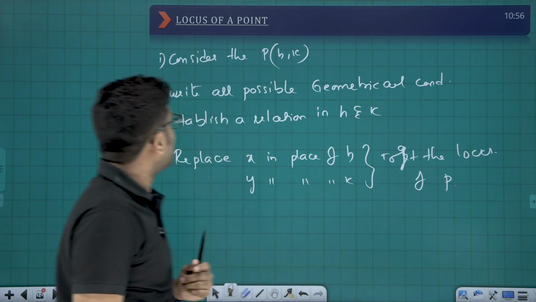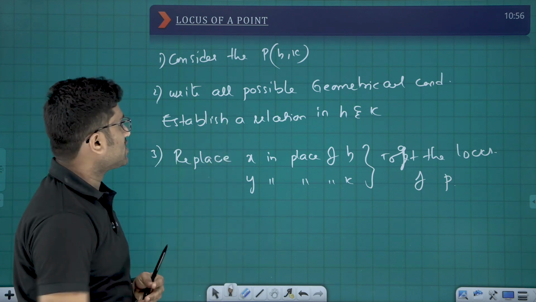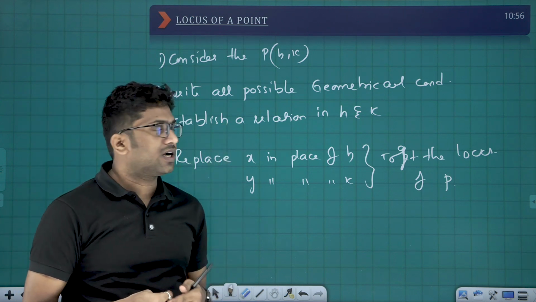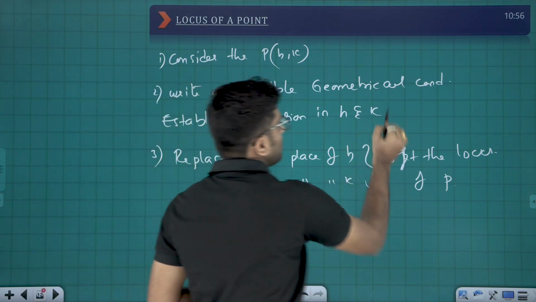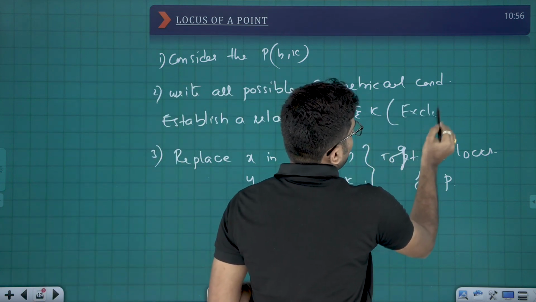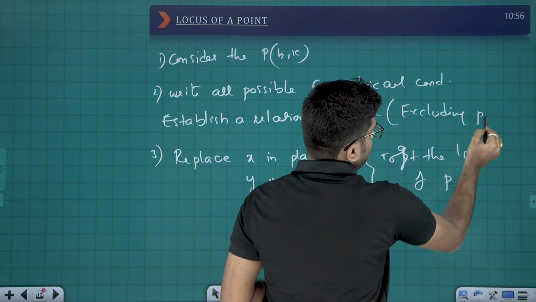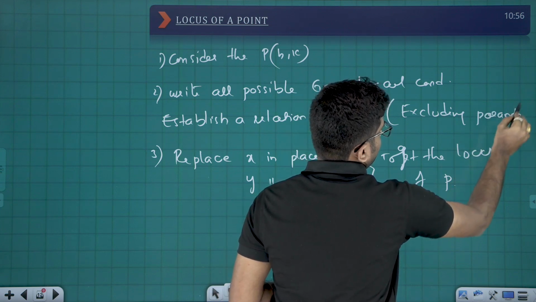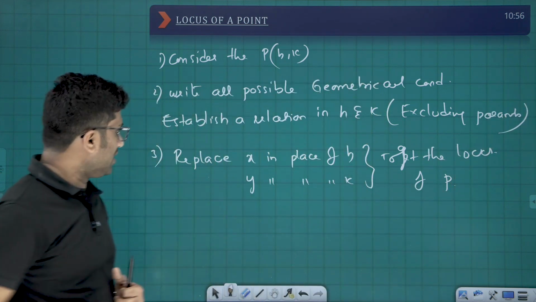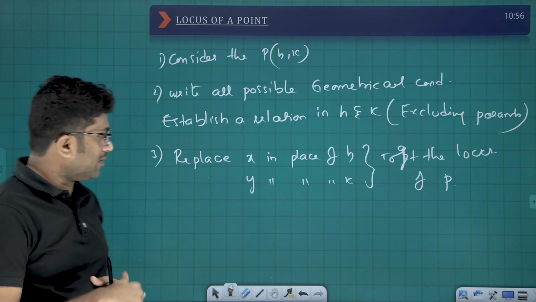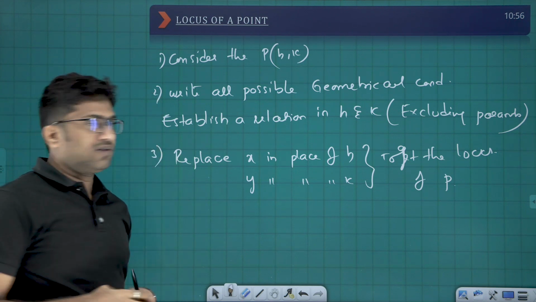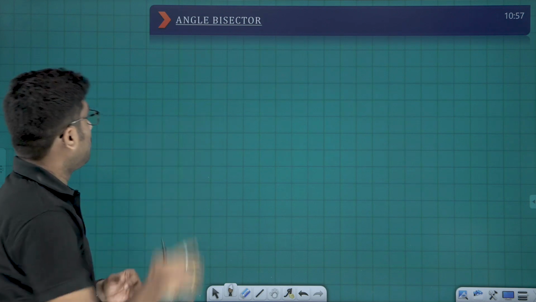So how to get the locus? Consider the given point as P of H comma K, write all the possible geometrical conditions and establish a relation in H and K excluding the parameters. In the final, after simplification, replace X in place of H and replace Y in place of K to get the locus of the variable point.